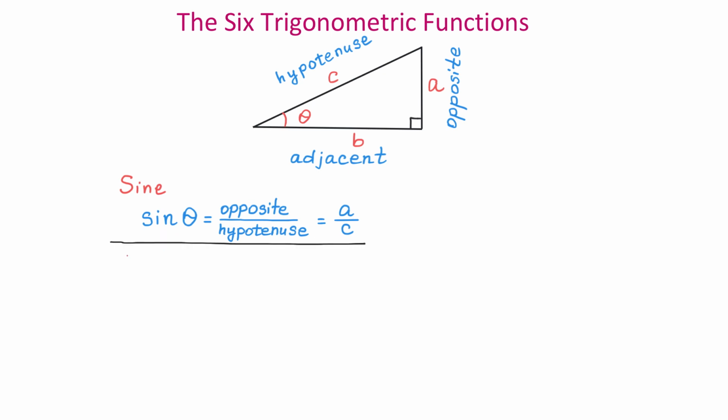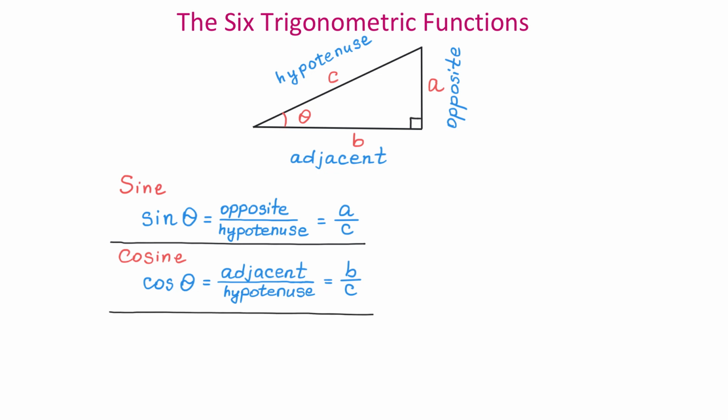Now the next trigonometric function will be the cosine function. We write this function cosine of theta, and to find its value, now we have to divide the adjacent side by the hypotenuse. So we will write adjacent divided by hypotenuse, and in this triangle, that is B divided by C. And again, this function changes its values as theta changes.